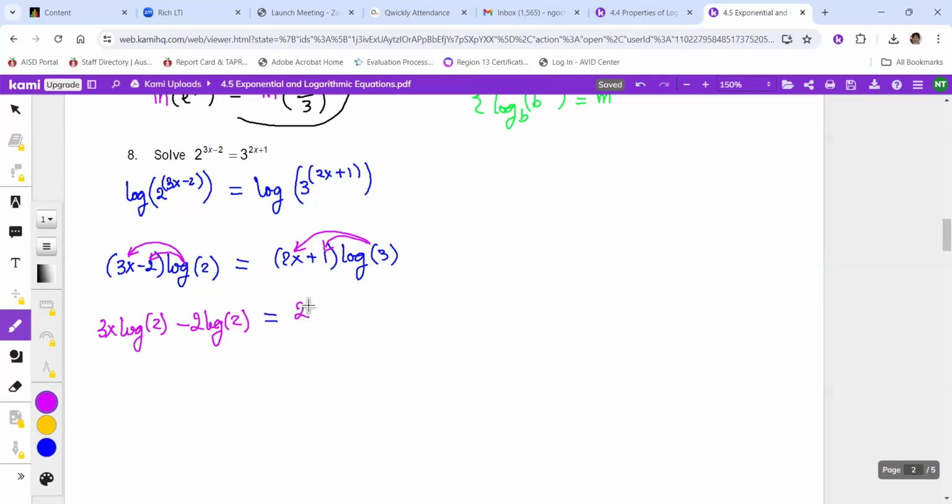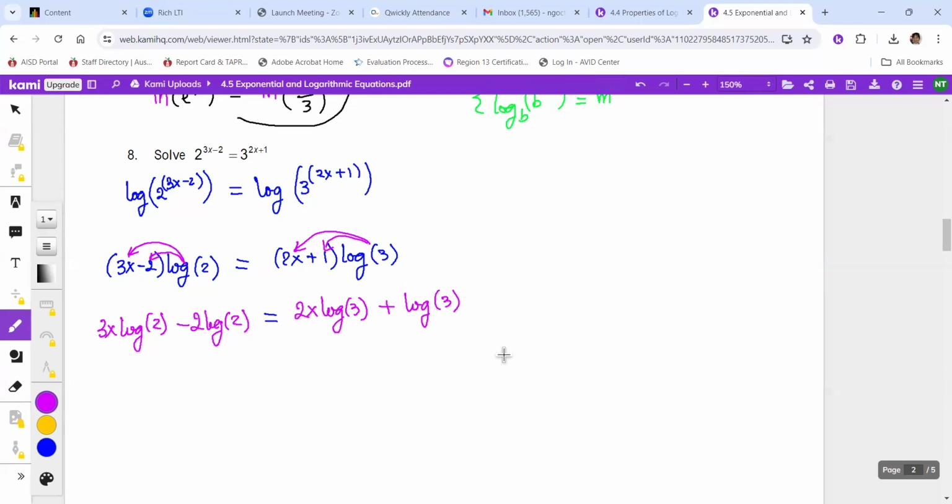So we have 2x times log base 10 of 3 plus log base 10 of 3, because when we multiply by 1, it's just the identity, the product stays the same.